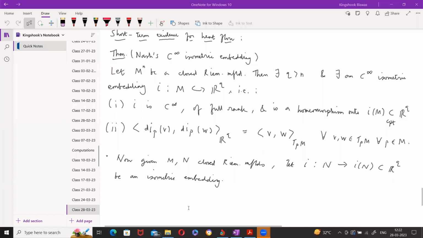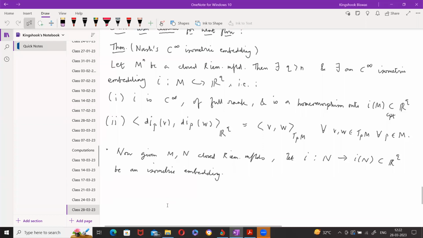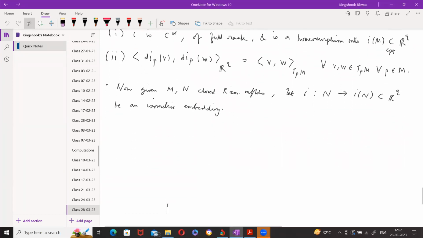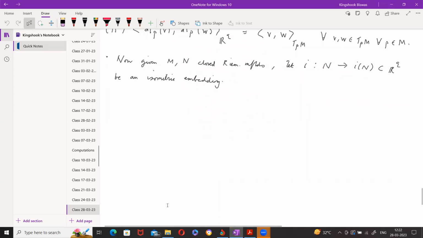Okay. So let's continue. So now we're going to think of N, the target, as embedded inside RQ. Okay.